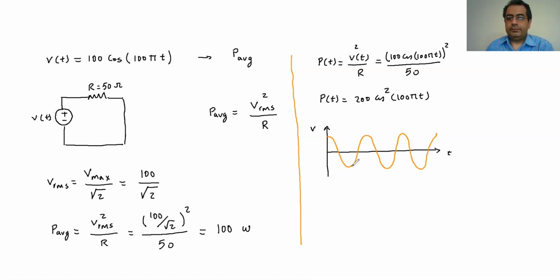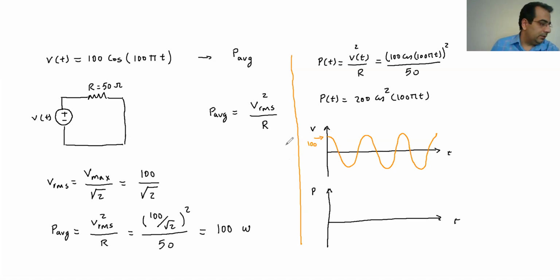Something like that. So this is how v(t) is changing over the time. Now, if I go ahead and try to draw the p(t) over the time, I'll choose another color. And by the way, when we do that, look, this is the cosine wave, so the maximum here is 100. That's the maximum. So it's going to go there.